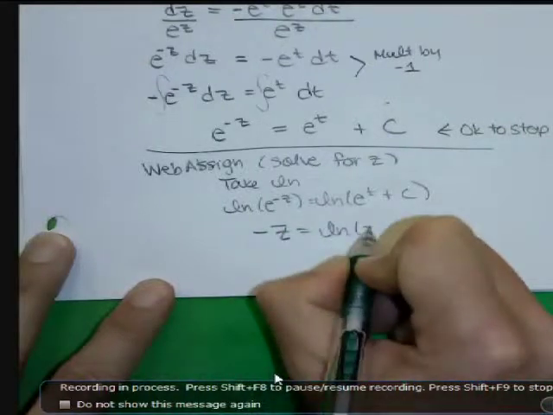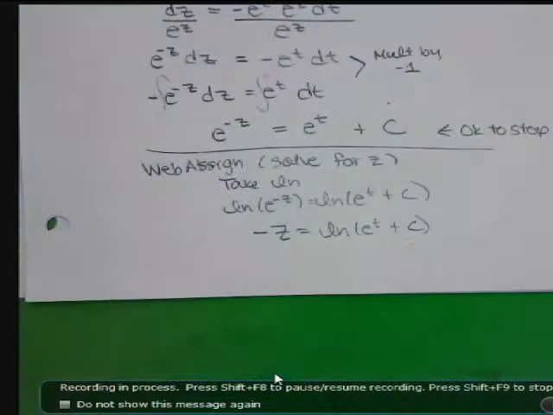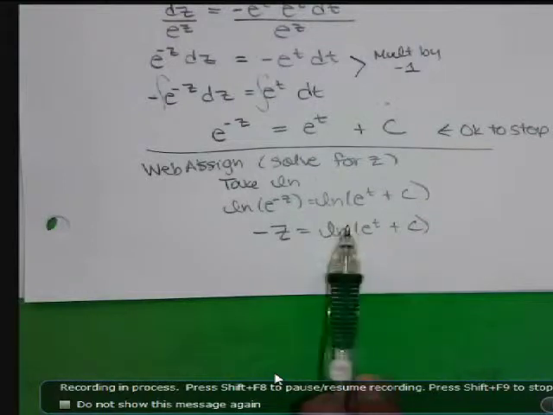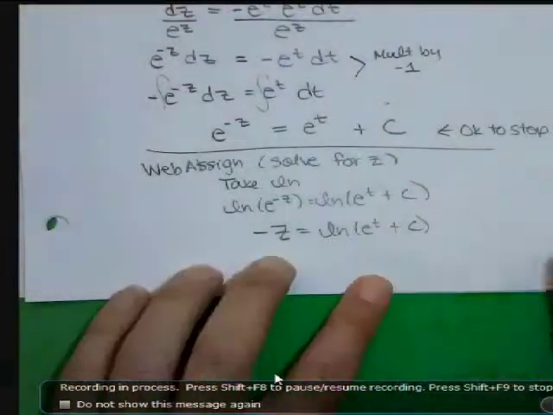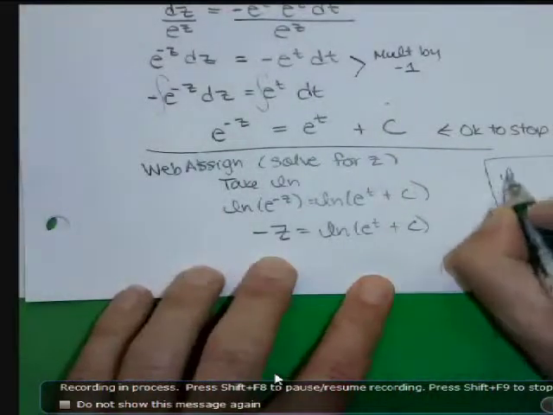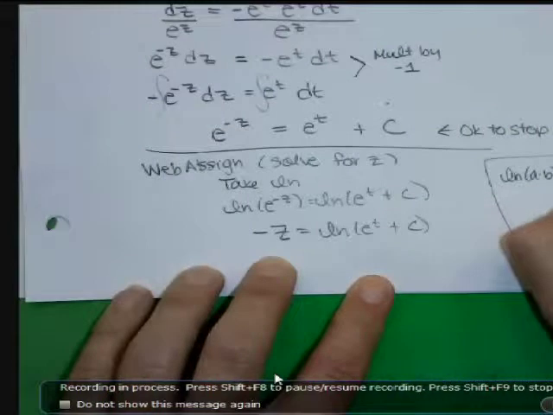Can I simplify on the right? Can we do anything to simplify ln of e to the t plus c? Think of our properties of logs. If we have ln of a times b, that's ln of a plus ln of b.